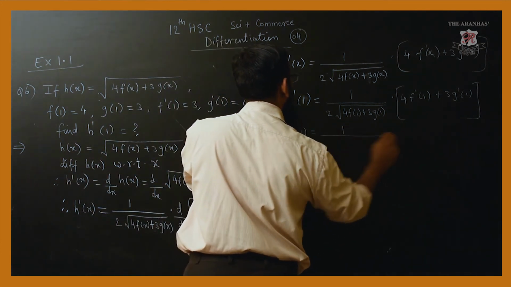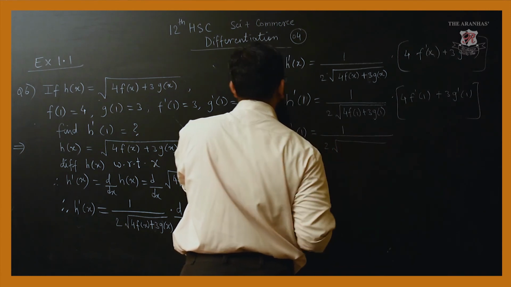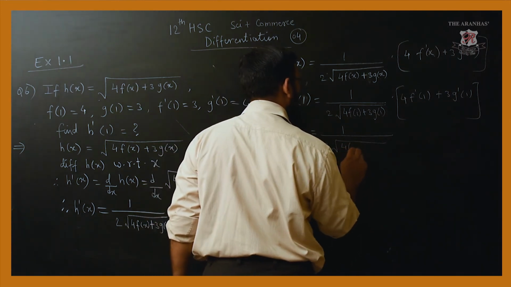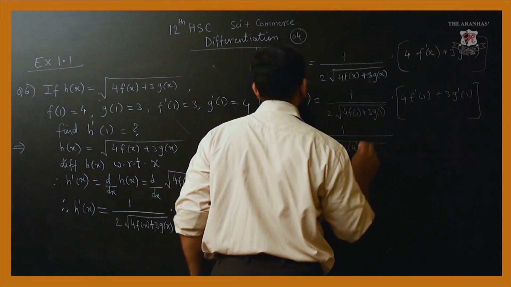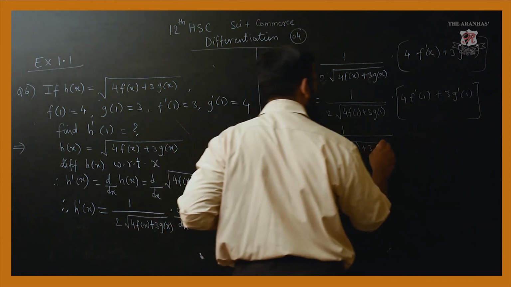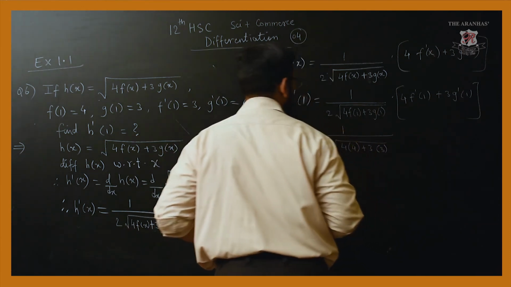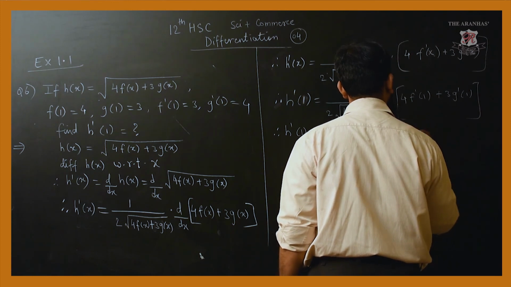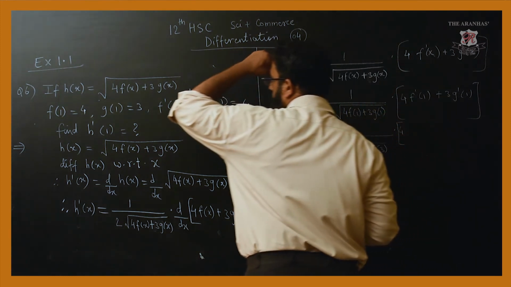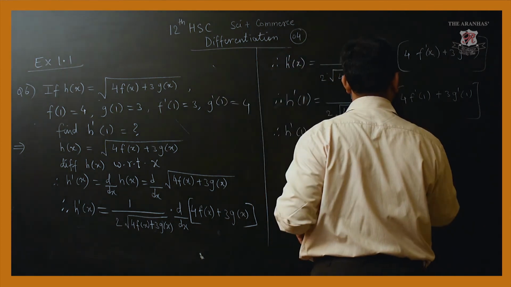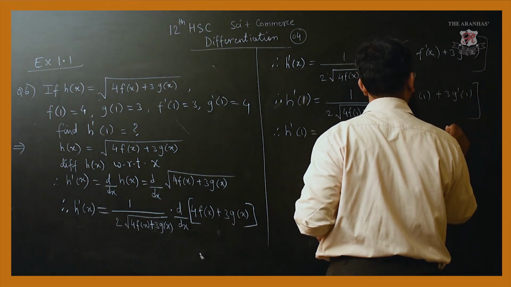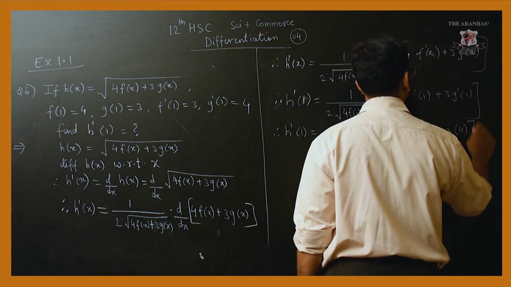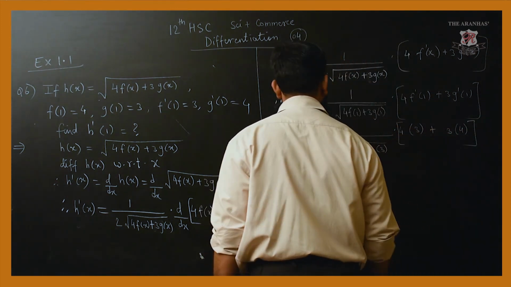Check what happens. 2 root 4 times f of 1. F of 1 is 4. So 4 4s are, 3 into g of 1. G of 1 is 3. Into 4 times f dash of 1 is 3, plus 3 times g dash of 1 is 4.